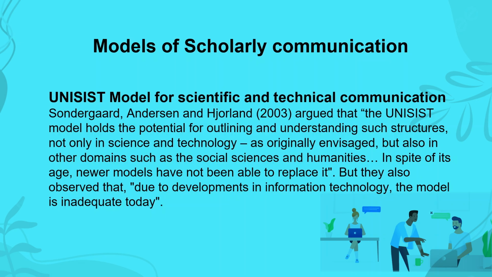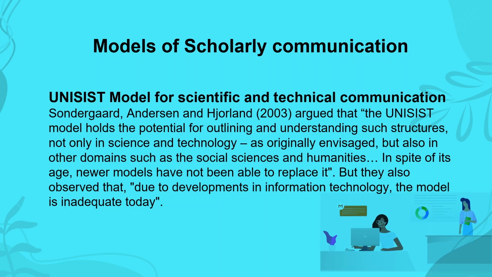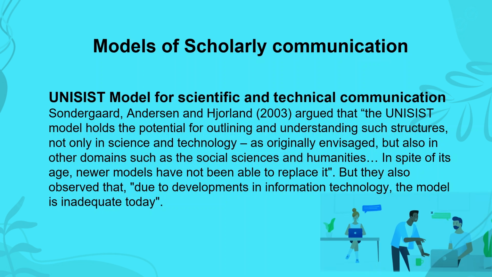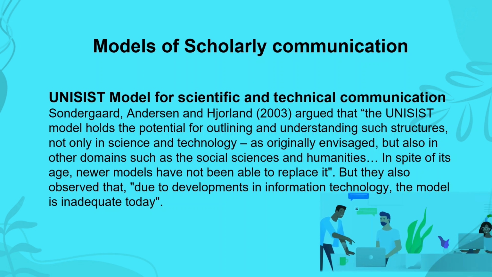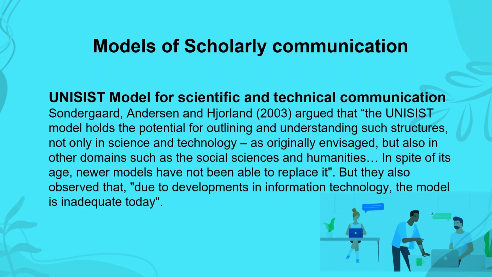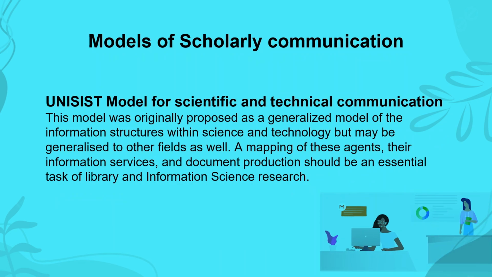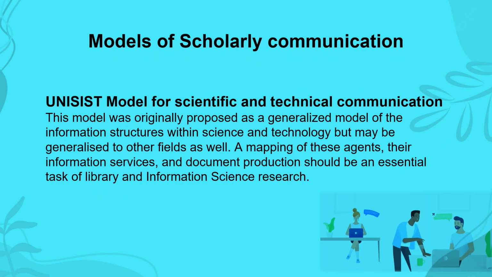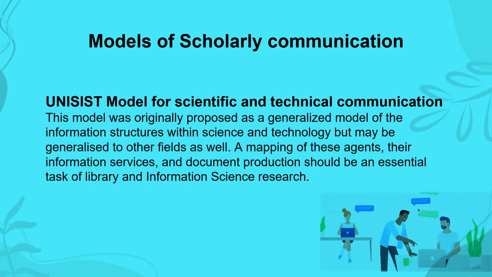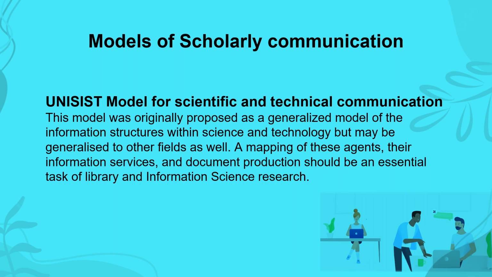In spite of its age, newer models have not been able to replace it, but they also observed that due to development of information technology, the model is inadequate today. This model was originally proposed as a generalized model for the information structures within science and technology, but may be generalized to other fields as well.